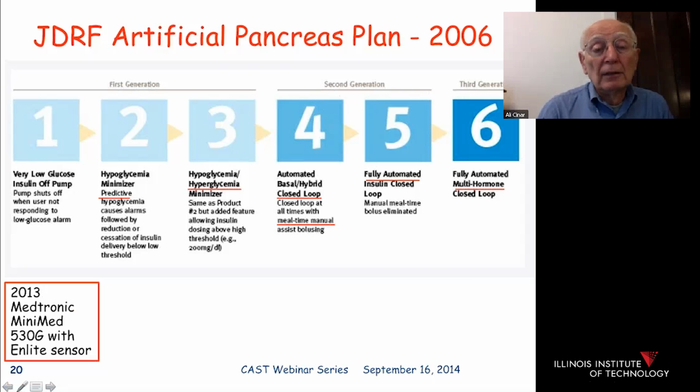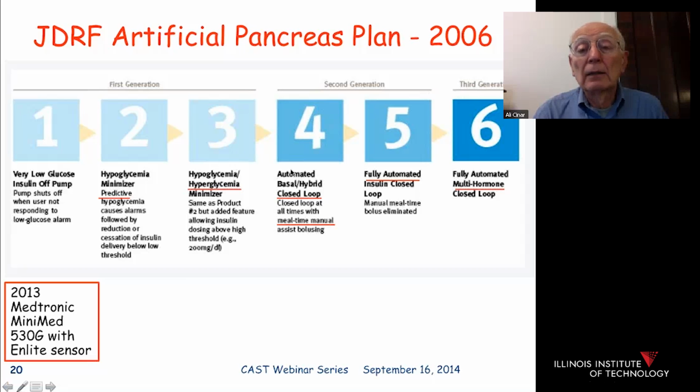The second stage is to have a predictive hypoglycemia as opposed to just the current measurement that indicates hypoglycemia, so that one can take precautions in advance. The third one is hyperglycemia alarm systems along with hypoglycemia.